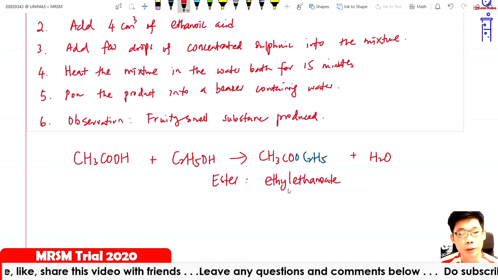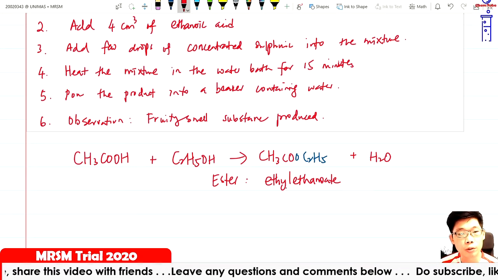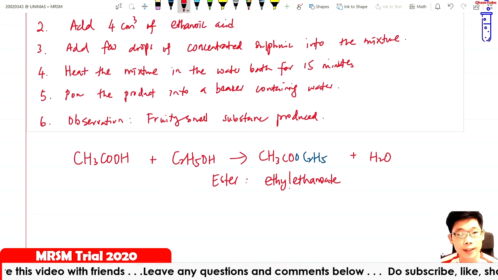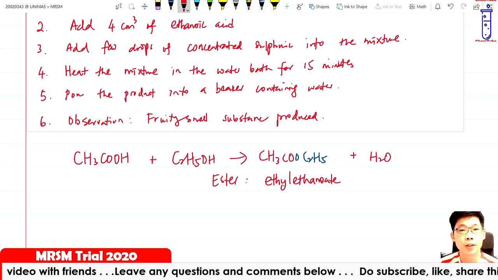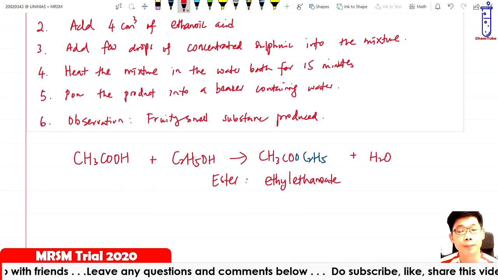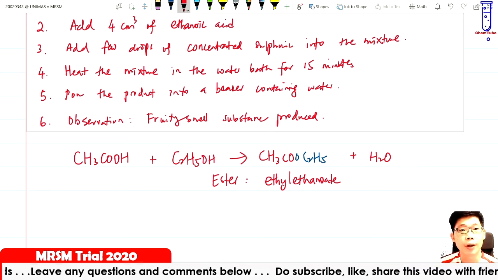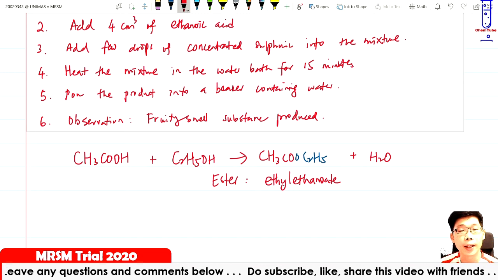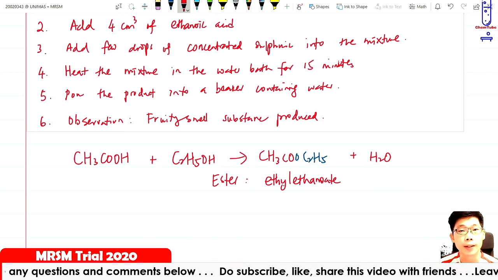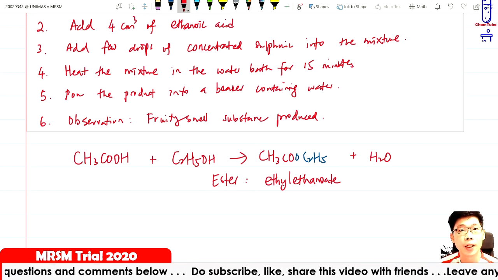But the one you choose must be less than 4 carbons. So that is about the MRSM paper 2. If you have any question, you can write in the comment below, and then we can discuss further. Okay, thank you.